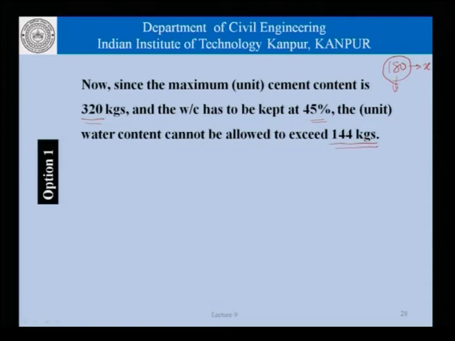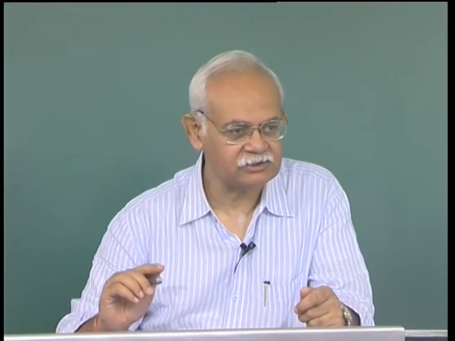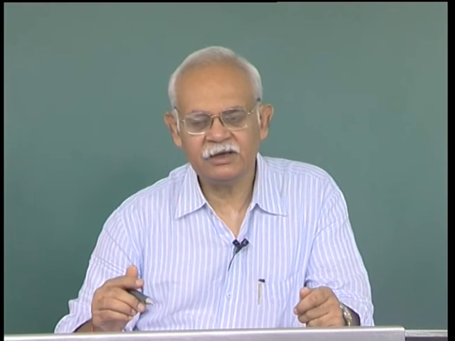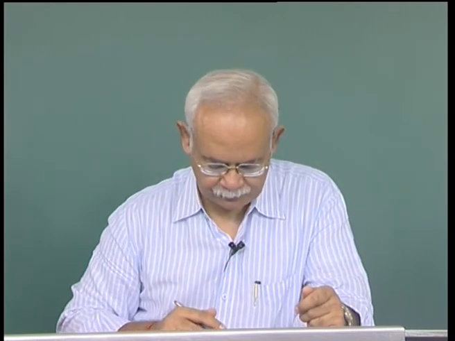Now, what we are faced with is the challenge that how do we get the same slump x, which we were getting with 180 kgs of water, with 144 kgs of water plus a chemical admixture.